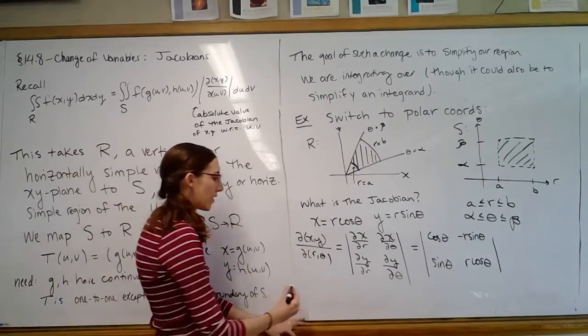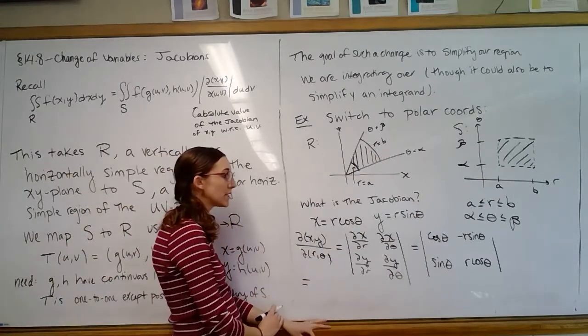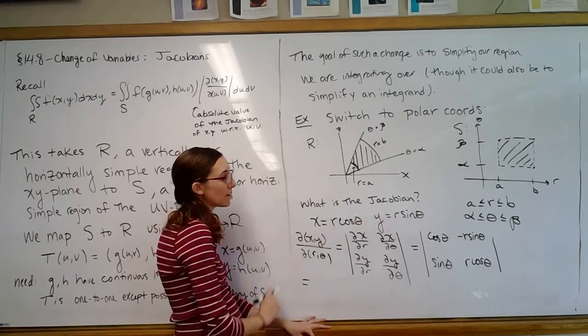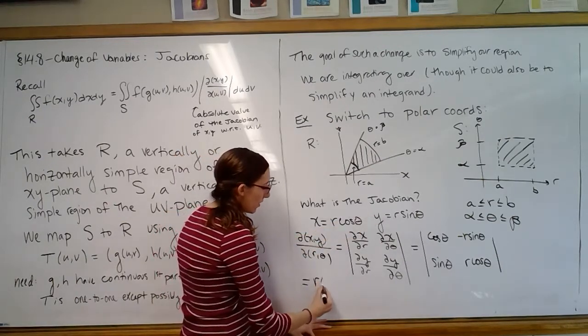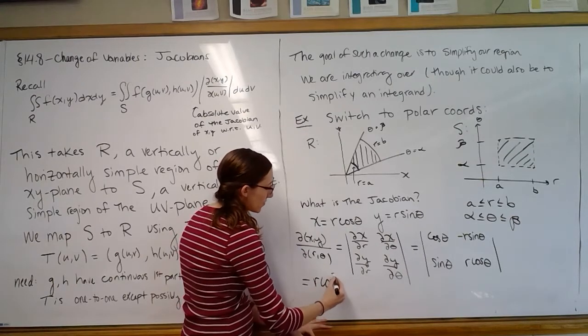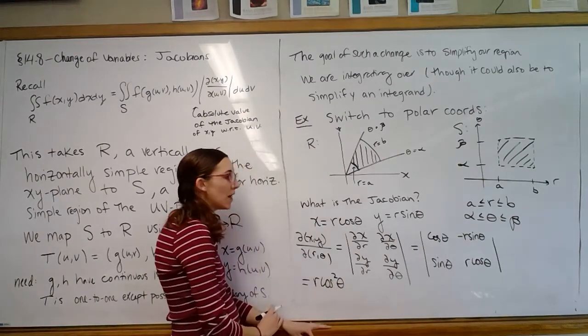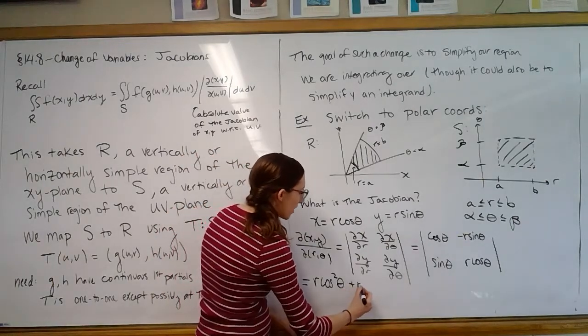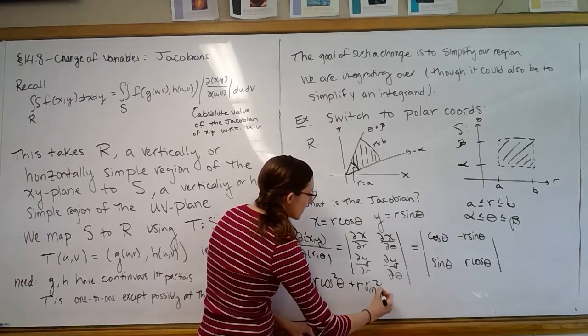So then we need to simplify that determinant. We've got cosine theta times r cosine theta, which is r cosine squared theta. And then we've got minus negative r sine theta times sine theta, which really turns into plus r sine squared theta.